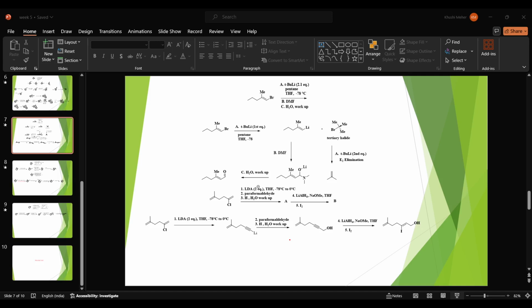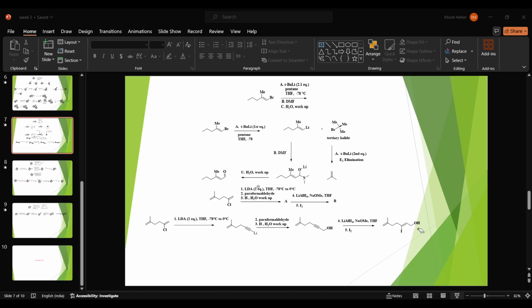It is possible by using lithium aluminum hydride to reduce that alkyne to the corresponding alkene, and selectively you will get the trans alkene. You just ignore this iodine one.